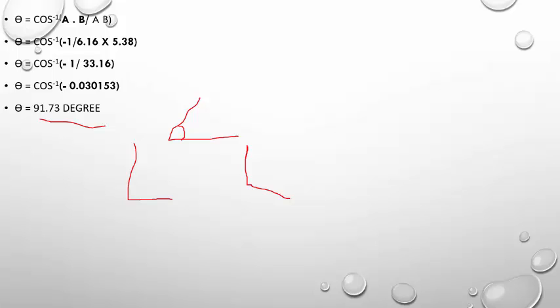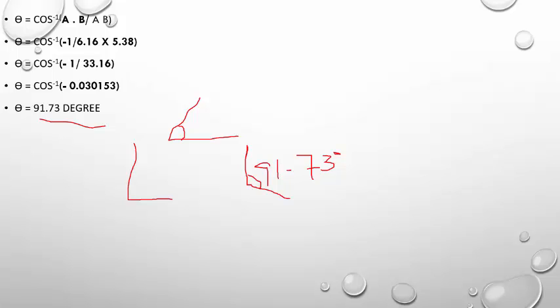So this is the angle between them, 91.73 degrees.